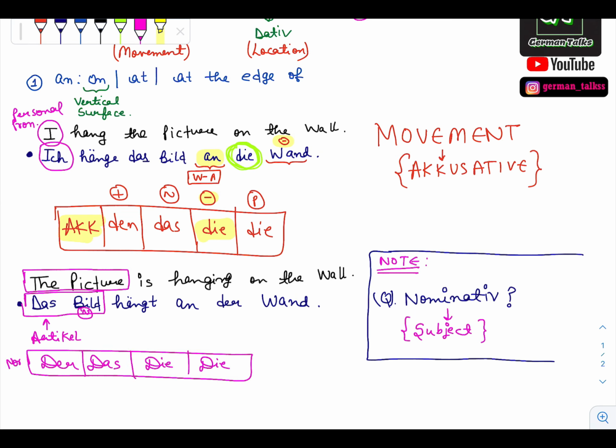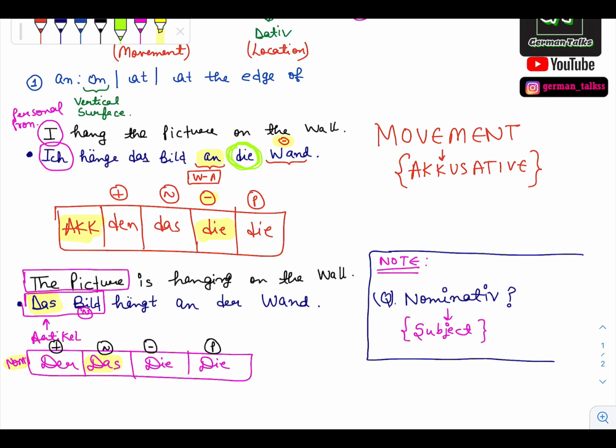This is in the nominative, and masculine, neutral, feminine, and plural. So the nominative of this is das. This is just a revision.